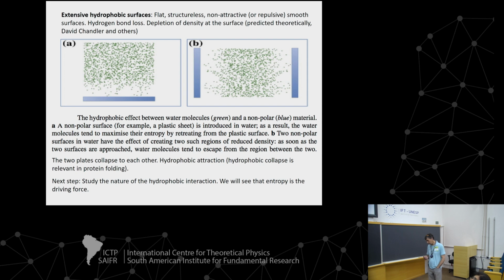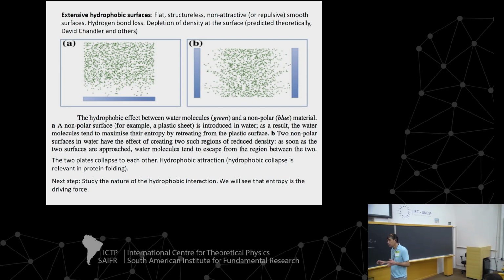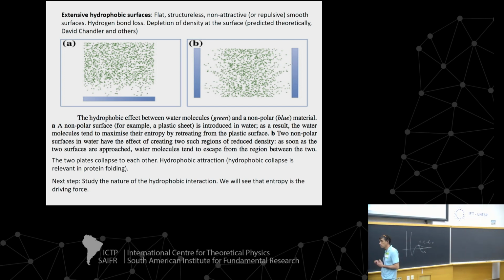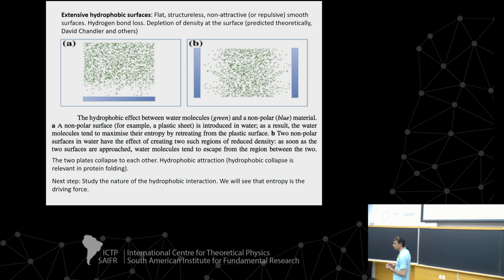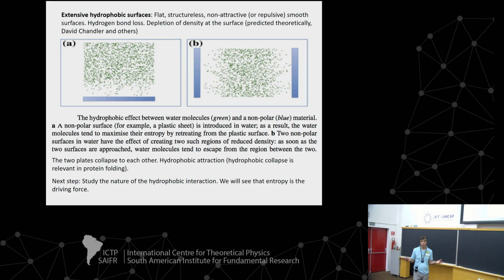When the surface is extensive, you are going to have problems, since water molecules have to be placed in contact with the surface, and in that case, there's no way not to sacrifice hydrogen bonding.